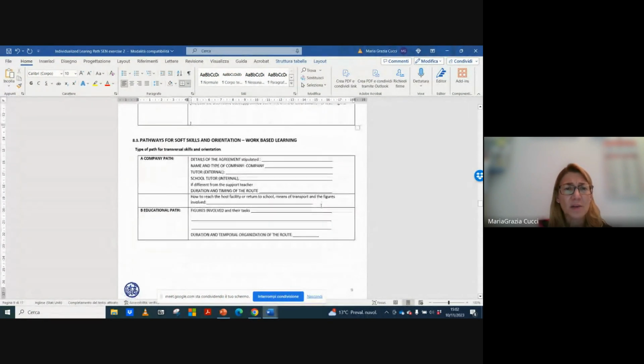Then we have the part which is about the work-based learning. So it considers the opportunity of finding a specific way to add soft skills and hard skills during a period in a company.